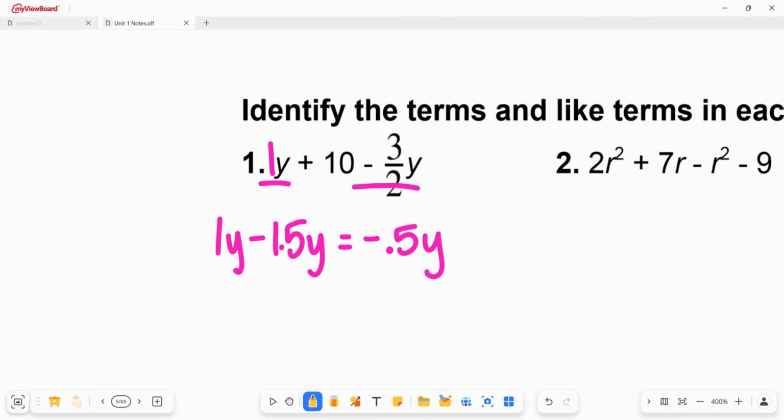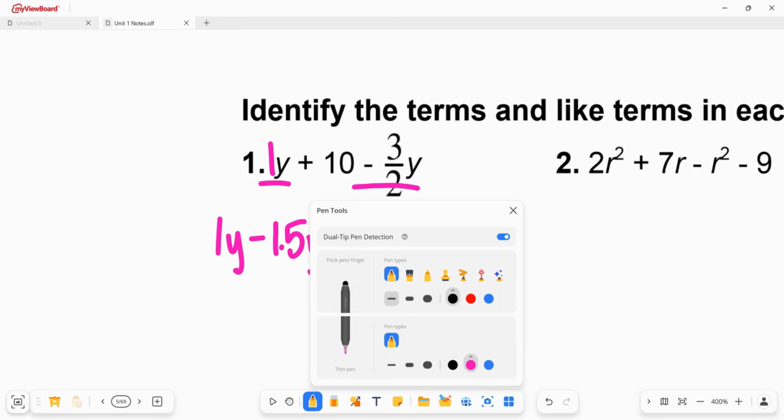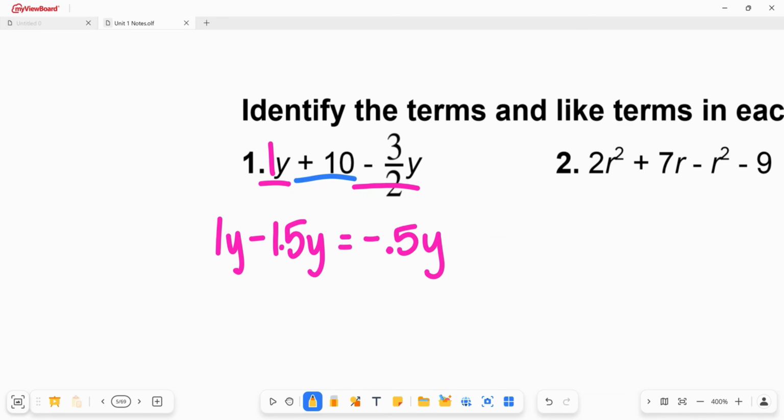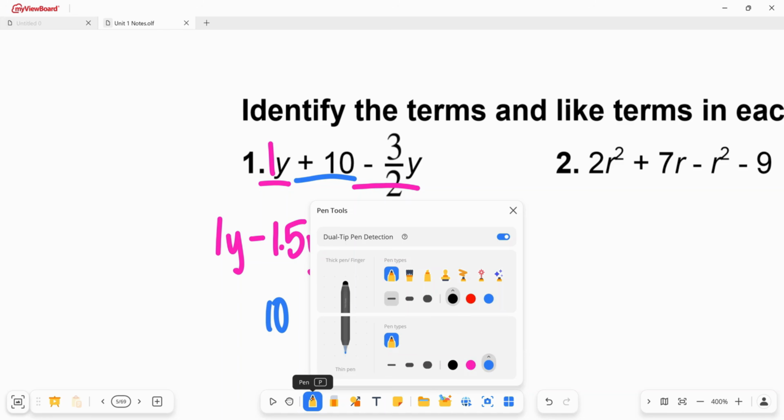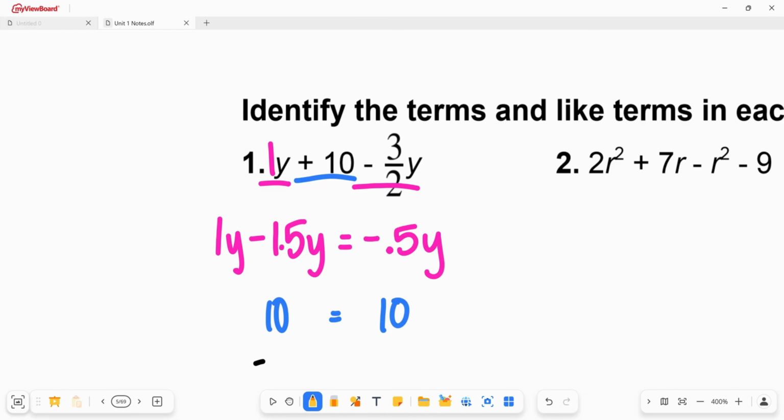Sometimes there are better options, like if I have a repeating decimal, like 0.3 repeating, which is 1/3, I would prefer you use the fraction, but with something like this, where it's half and it's a really nice decimal, I'm not picky, okay? Then, the only other thing we have here is 10. Well, 10 equals 10. So then I can take my terms, and I have a negative 0.5y plus 10.